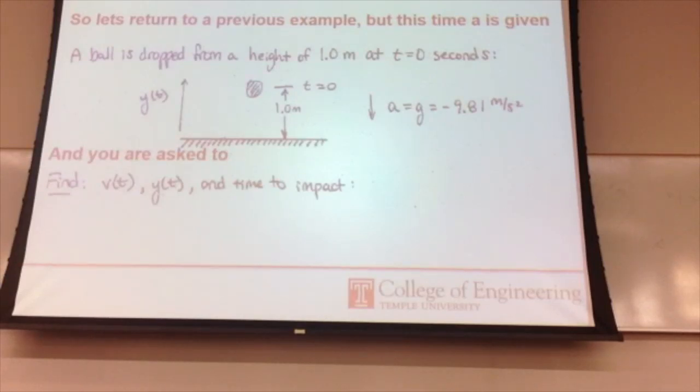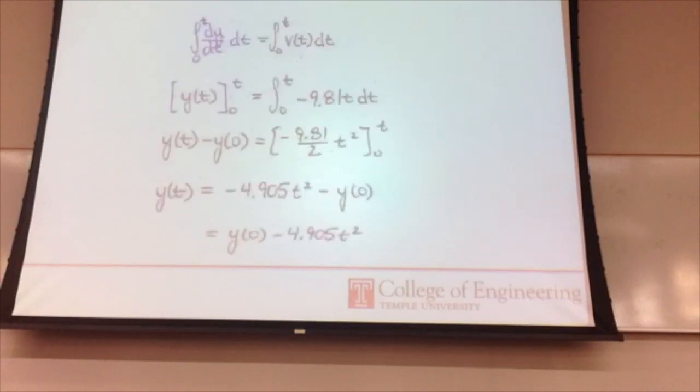Where does the 1 substitute in, if you don't start at 0? If we were getting the minus y to the 0 value, minus 4 point whatever t squared, that was our answer. But what if we didn't start at 0? Would we just put in the y?